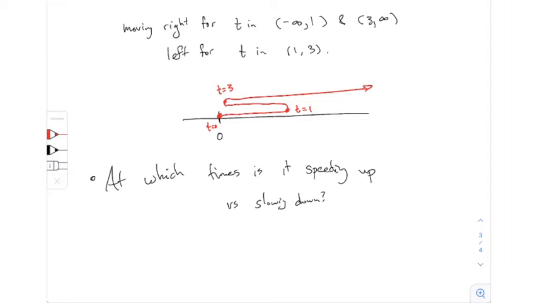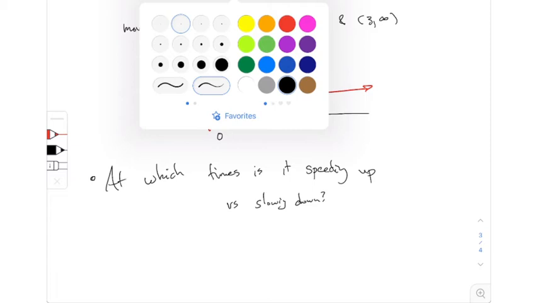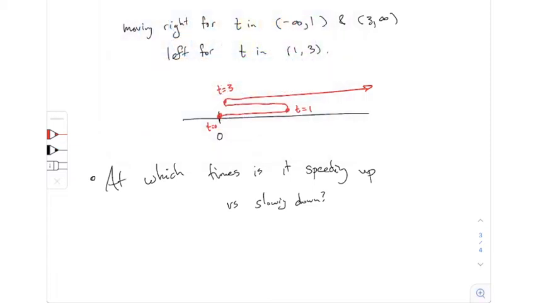For instance, when I look at the picture, I'm going to try to do some blue lines here. It looks to me like it must be speeding up over here, probably. Just because as it continues to go out to the right, I feel like it's going to continue to get faster. And probably even over here.